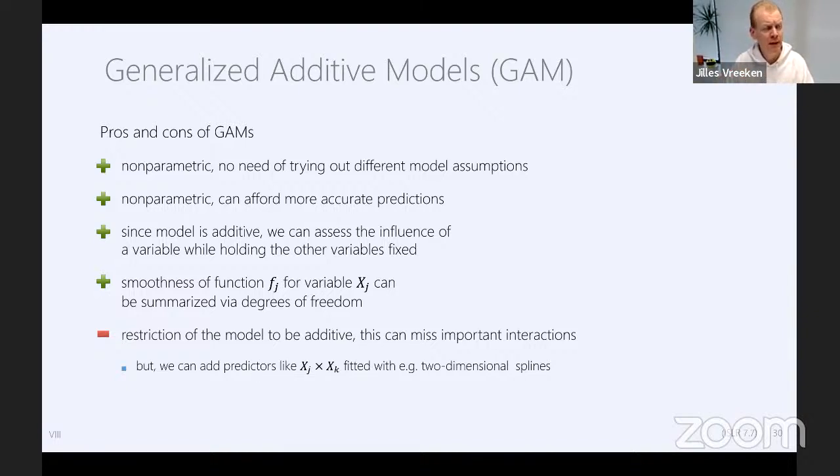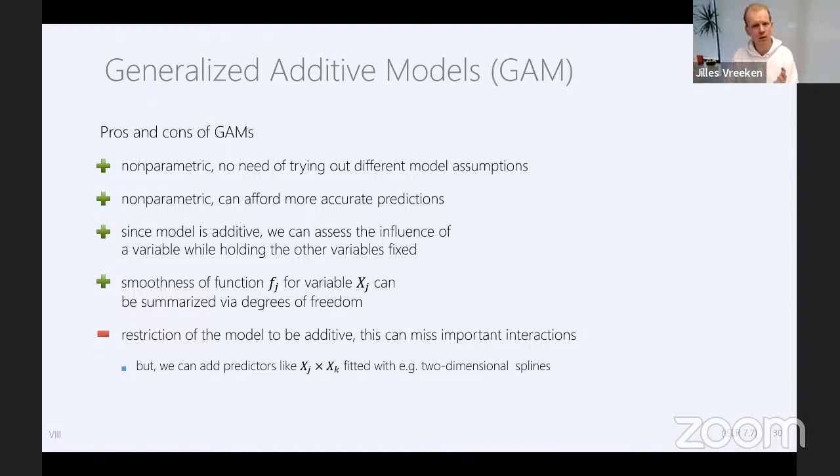Which means that if you think out of the box, the ultimate GAM would actually be beta naught plus a function over x1, x2, x3, and so on. Yeah, but if we then go back into the box, we realize, wait a second, that would be the function that we will try to fit in general. That would, no.